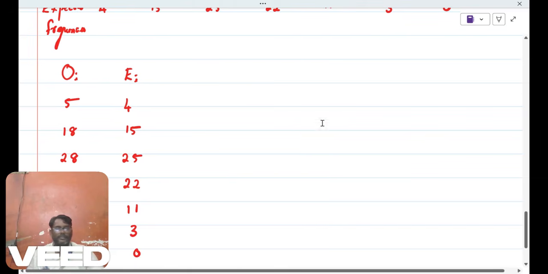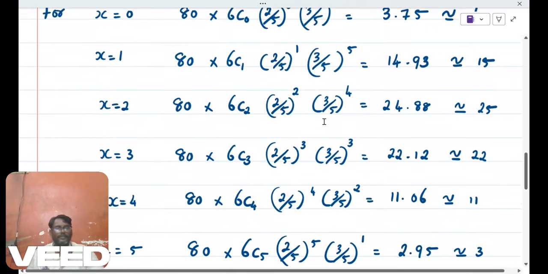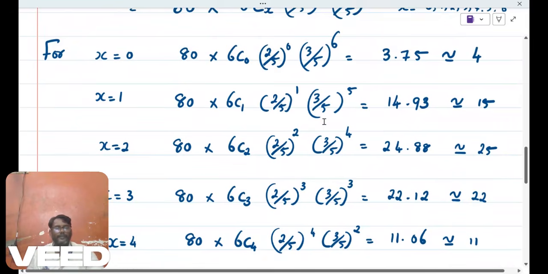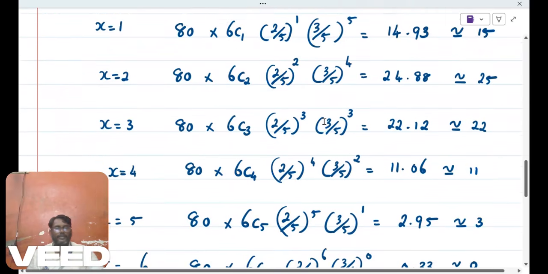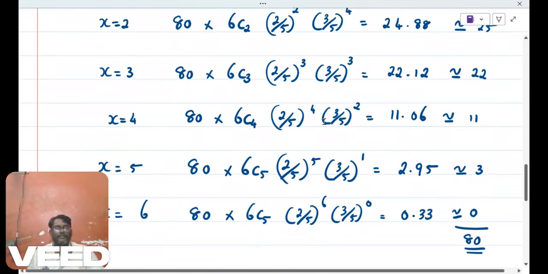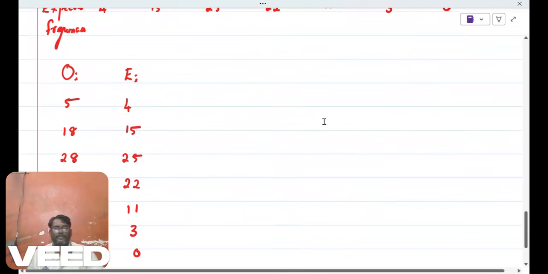We can cross-check it: 4, 15, 25, 22, 11, 3, and 0.